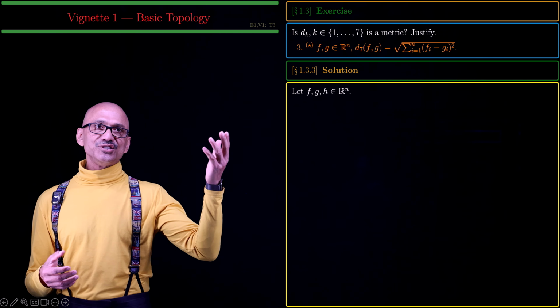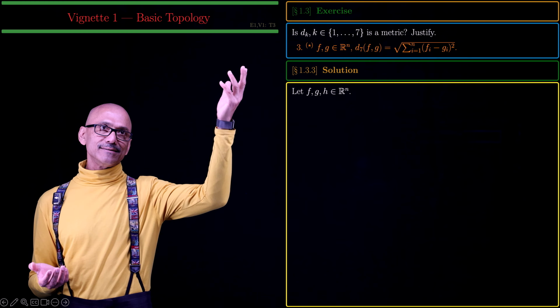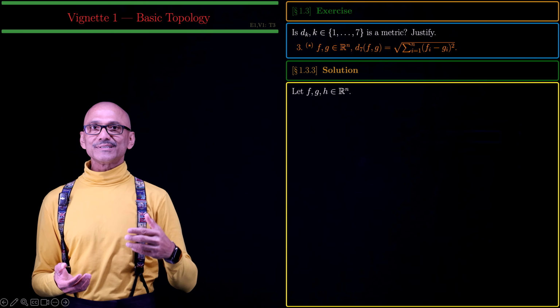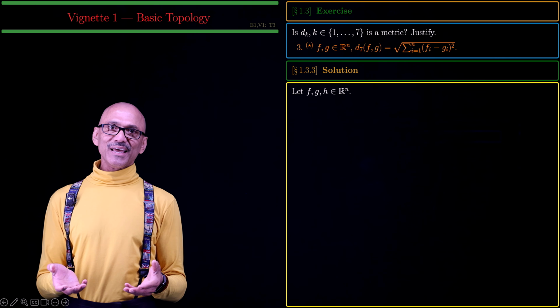Let F, G, and H be 3 points in Rn, and I'm going to demonstrate that D7 satisfies the triangle inequality and leave the straightforward checks of positive semi-definiteness, identity of indiscernibles, and symmetry to you.